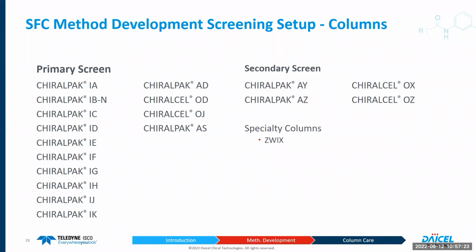They are chiral columns, but they are not polysaccharide based, so they are somewhat application dependent, but something like Zwix, which is designed for zwitterionic and amphoteric molecules, often works well under SFC mode and can be tried if you don't find a separation on these screening conditions.